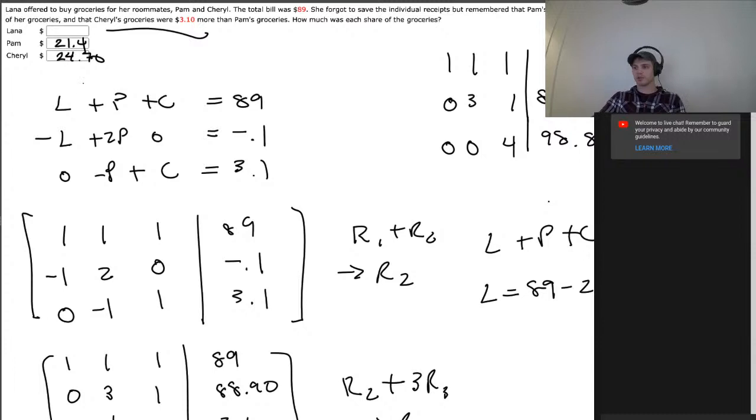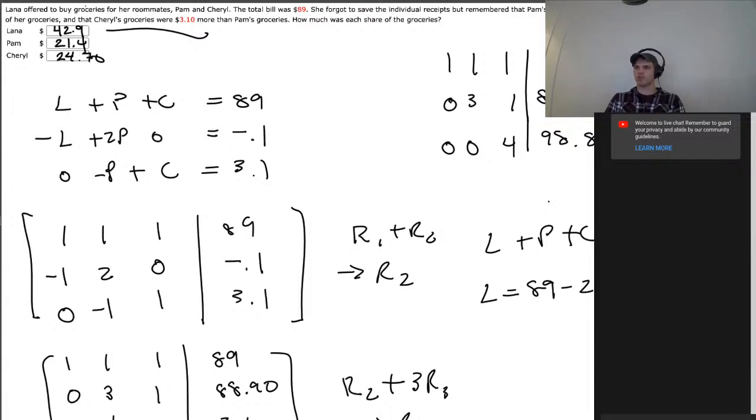Okay, 42.9. So let's see if this worked out. If we add them all together, the total should be 89. 42.9 plus 21.4 plus 24.7 is 89. So that works out.